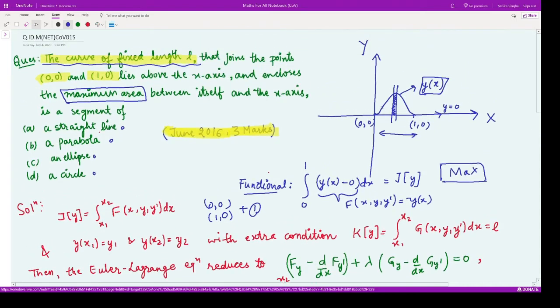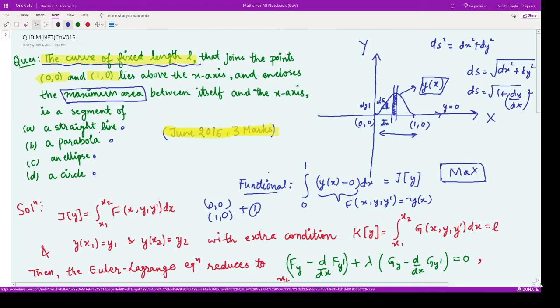If I take a very small element ds of this curve, what would this ds be? Let me drop the perpendiculars from this point. This distance would be dy and this small distance would be dx. Using the Pythagoras theorem, ds squared is equal to dx squared plus dy squared, or ds is equal to the square root of 1 plus (dy/dx) whole squared, dx.